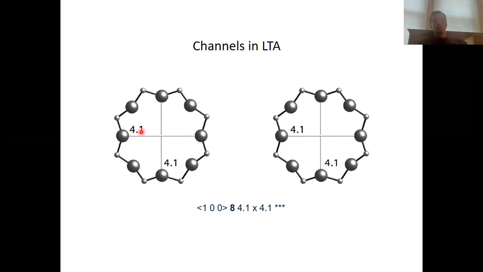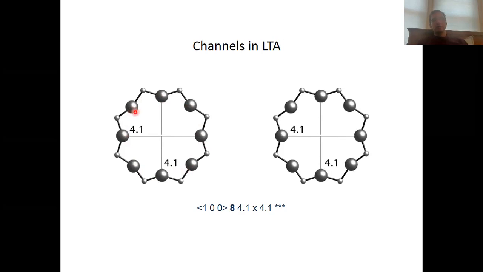Okay, so we see that these channel diameters are 4.1 times 4.1 angstroms in both directions, and we have overall 8-membered rings here. That means that the channel consists of 1, 2, 3, 4, 5, 6, 7, 8 tetrahedral centers.